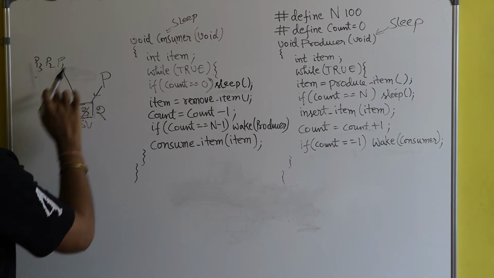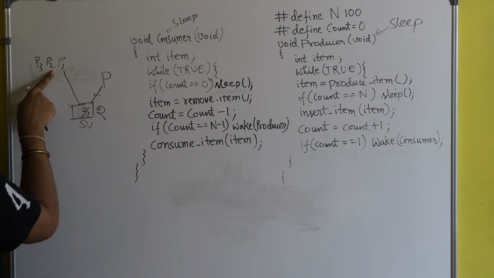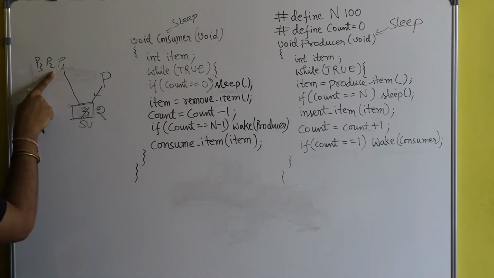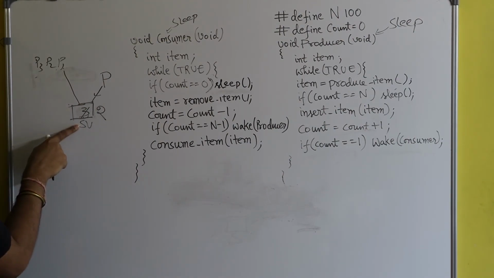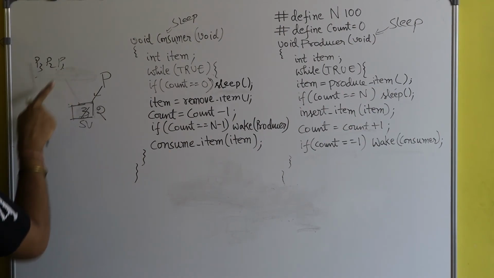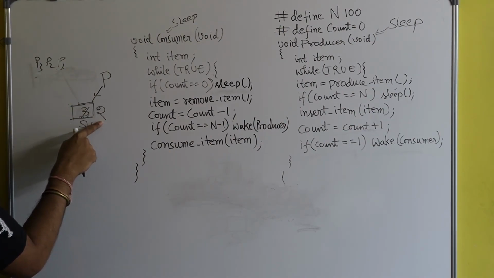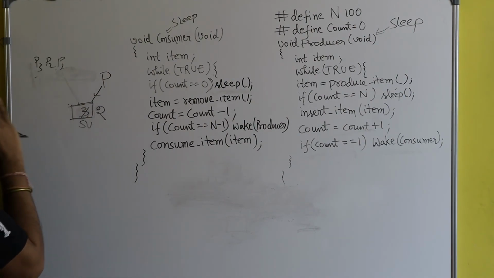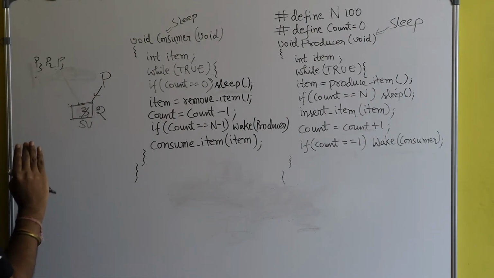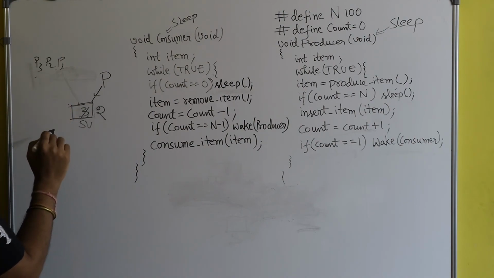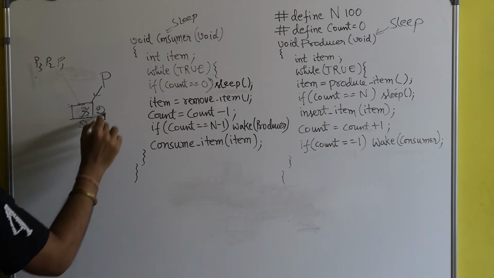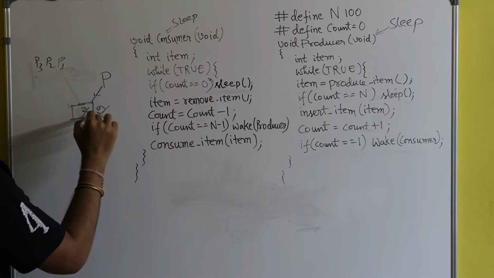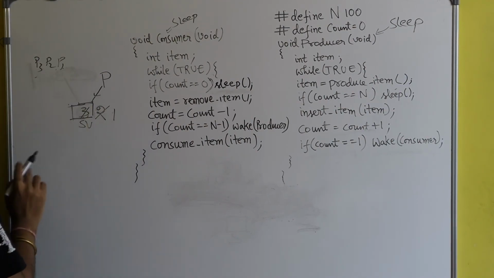Now suppose process P2 wants to sleep. Before sleeping, process P2 will check this semaphore variable. After seeing the value as 2, process P2 will understand that it has been asked not to sleep. So process P2 will not sleep, and it will decrement the value from 2 to 1.